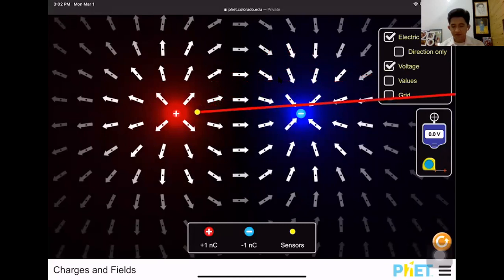Mas malapit siya sa point charge or dun sa ating charge particle, mas malaki yung arrow na nakikreate. So that's the electric field intensity. Habang nilalapit ko siya sa negative charge, you will notice lumalaki ulit yung kanyang value or yung ating arrow. So if we are going to move a little farther, you notice that it diminishes until it fades out.